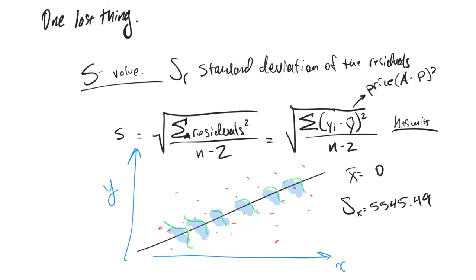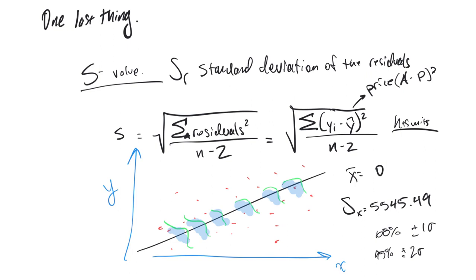Well, we should expect that 68% of our predictions fall within one standard deviation of our regression line, and 95% of our predicted values should fall within 2 standard deviations of our regression line.